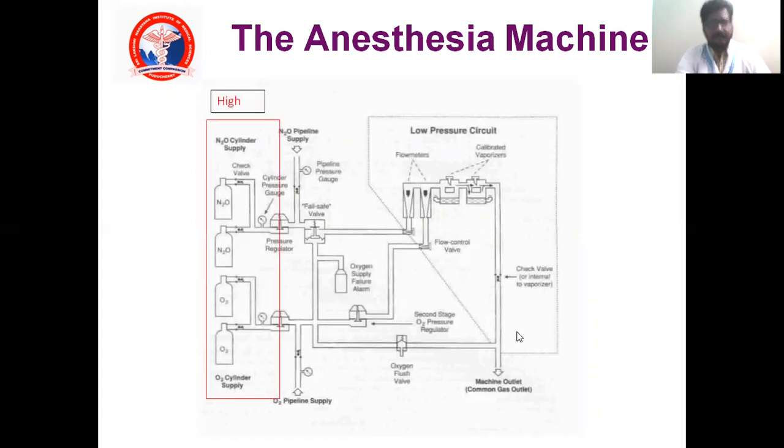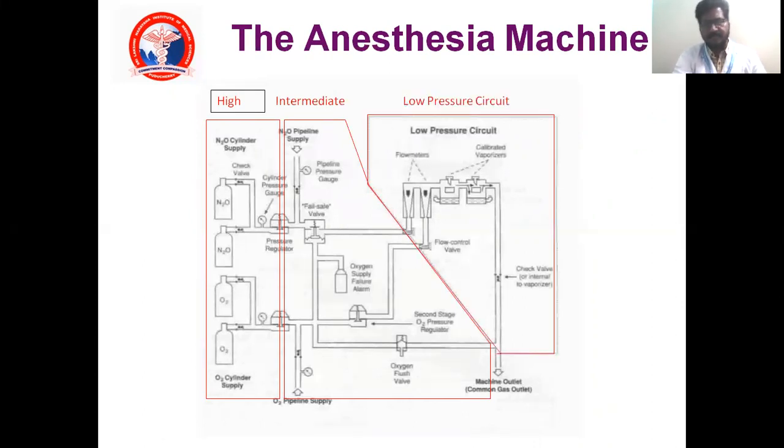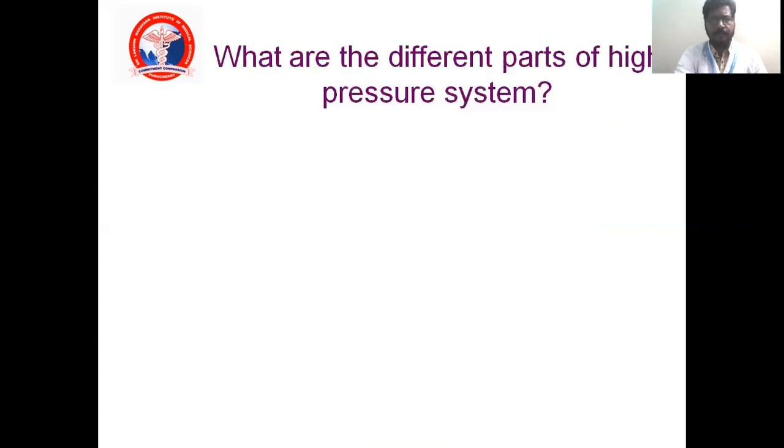High pressure system starts from the cylinders. Intermediate pressure system starts from the pipeline oxygen supply, fail-safe valve, pipeline pressure gauge, second stage oxygen pressure regulator, oxygen flush, and the low pressure system comprises flow meters, vaporizers, and check valve to the common gas outlet.